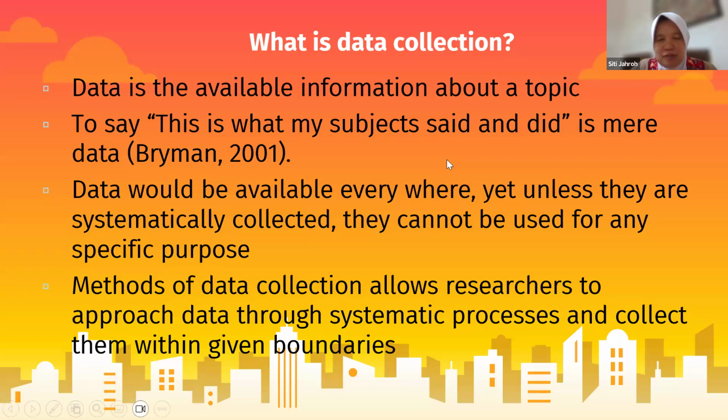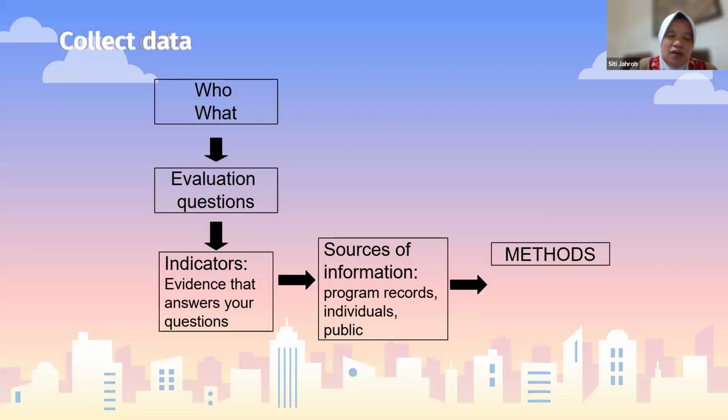Okay. So the questions, of course, are: from whom will you collect the data, and what kind of data do you need? It will relate to the questions, what kind of questions you would like to answer. If you conduct research, what kind of research question? And then what kind of indicators? Indicators means the evidence that answers your questions.